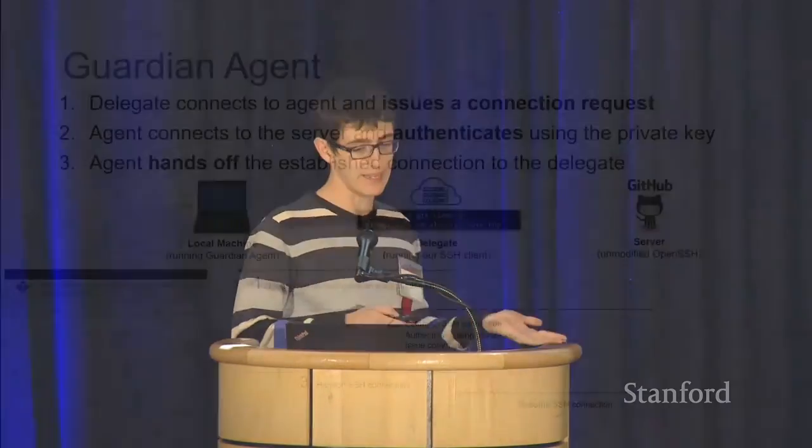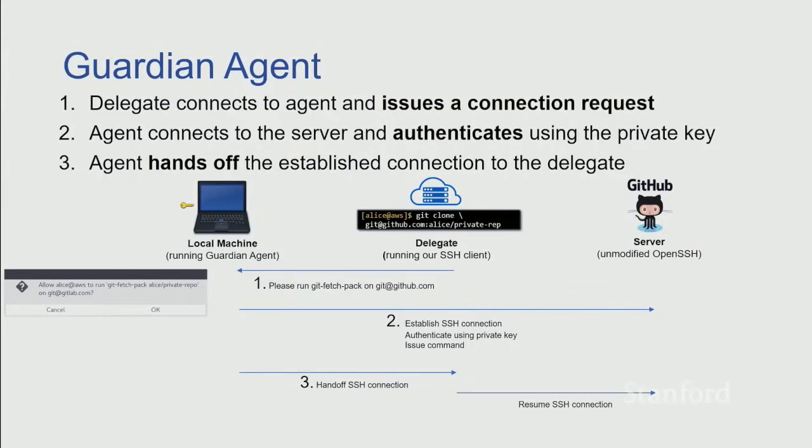This way, only the first part of establishing the connection, which is really minimal in terms of the required bandwidth, happens between the local machine and the server, and then the connection can be resumed directly between the delegate and the SSH server, so the entire contents of this, let's say Git repository in this case, will be transferred directly from the server to the delegate.